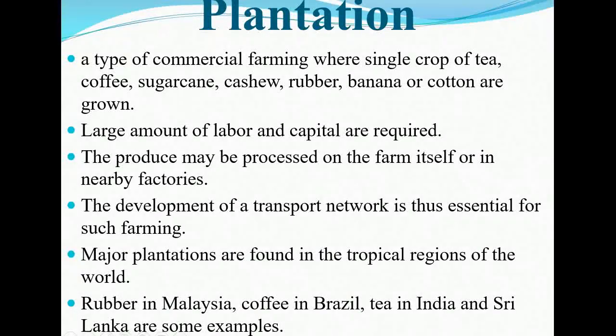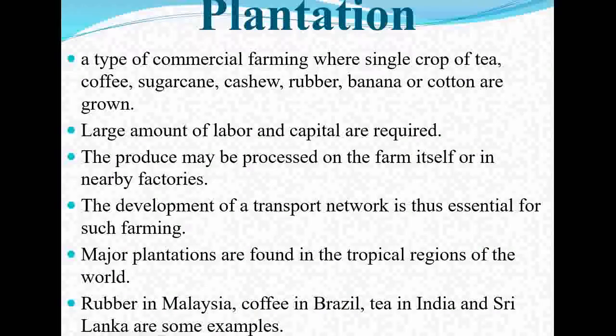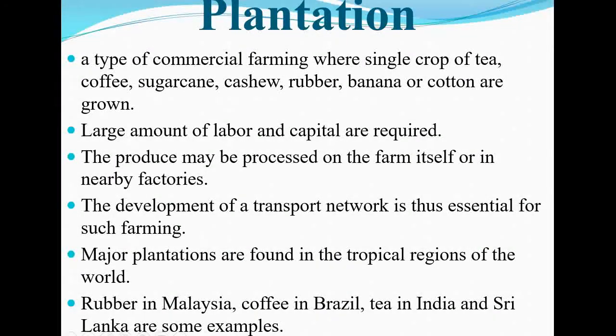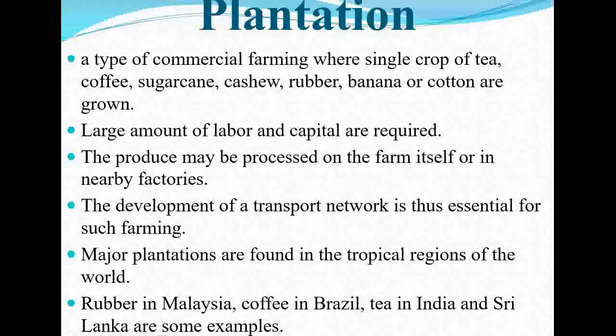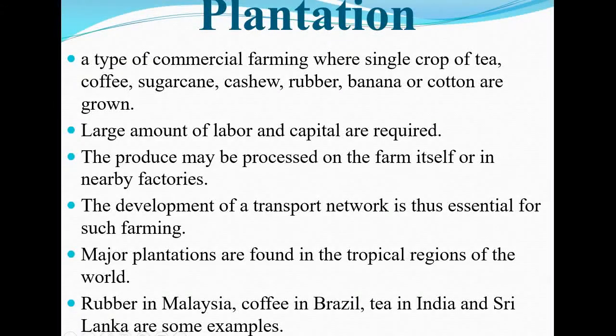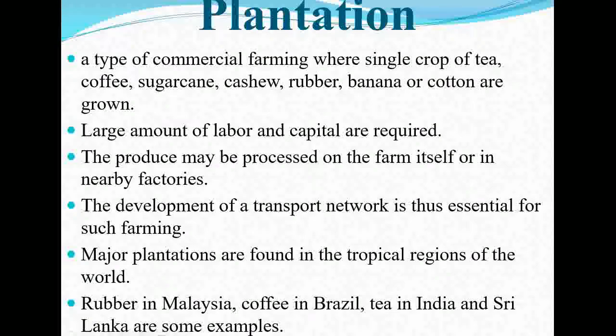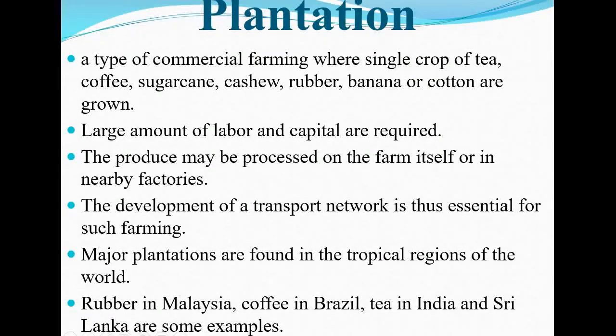Plantation. It is a type of commercial farming where a single crop of tea, coffee, sugarcane, cashew, rubber, banana, or cotton is grown. A large amount of labor and capital is required. The produce may be processed on the farm or in nearby factories. The development of a transport network is thus essential for such farming.